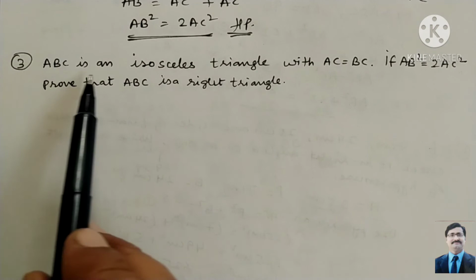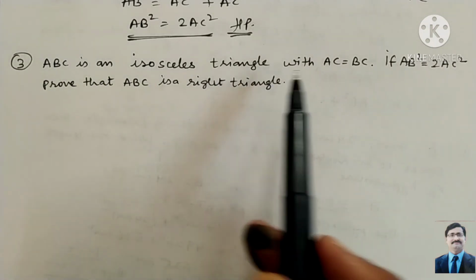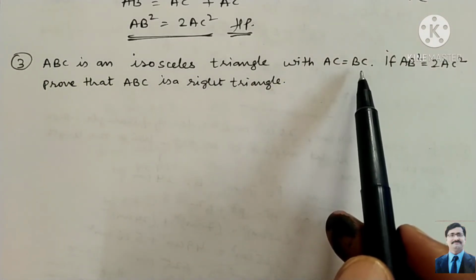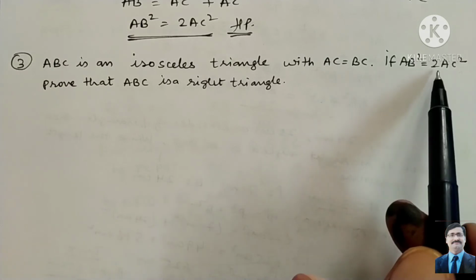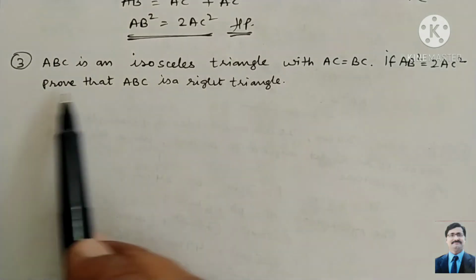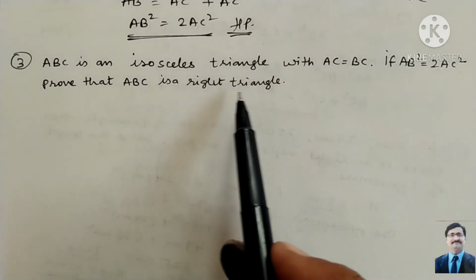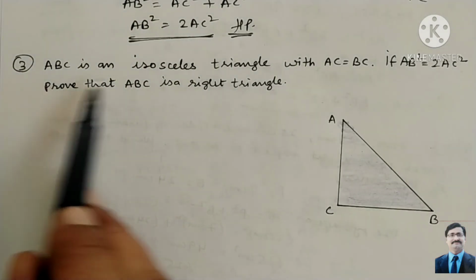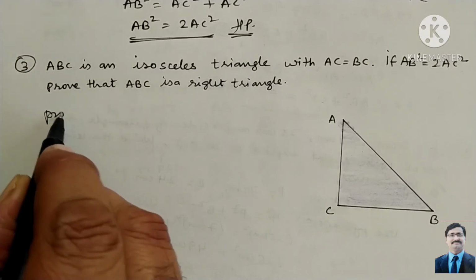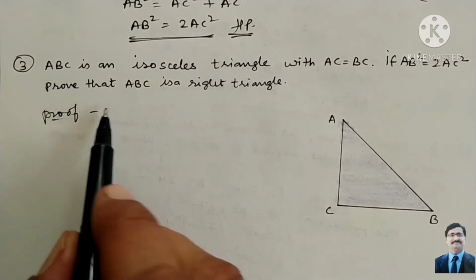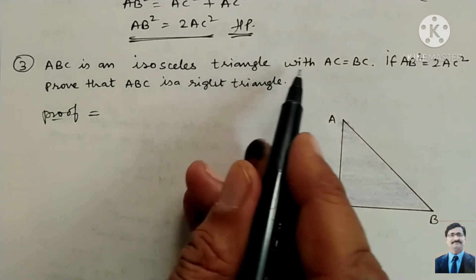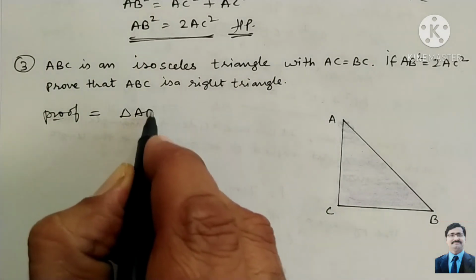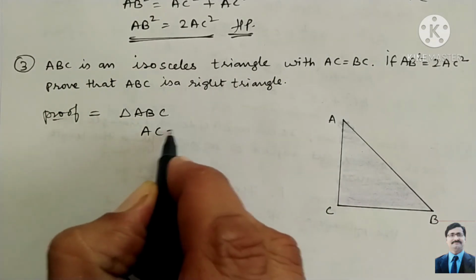Look here, ABC is an isosceles triangle with AC equal to BC. If AB square equals 2AC square, prove that ABC is a right triangle. Here we will do the proof. ABC is an isosceles triangle, and here is given AC equal to BC.